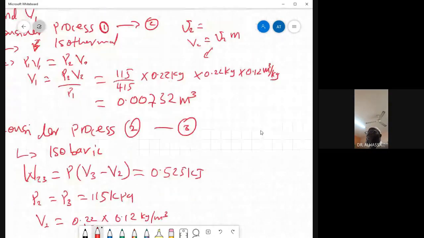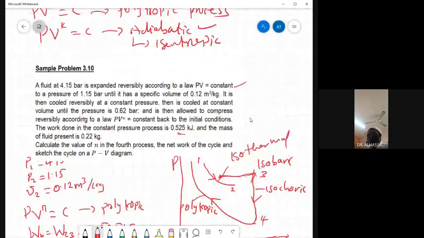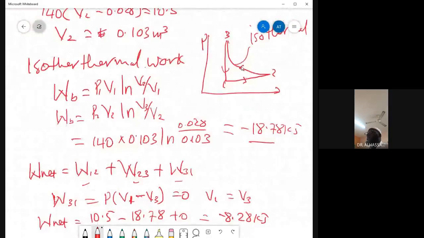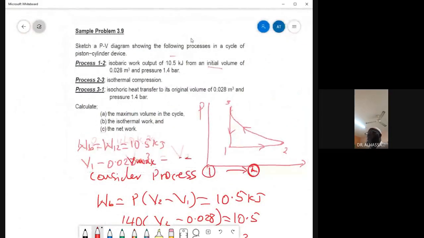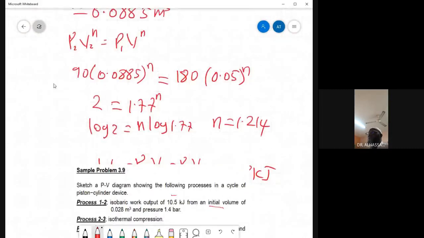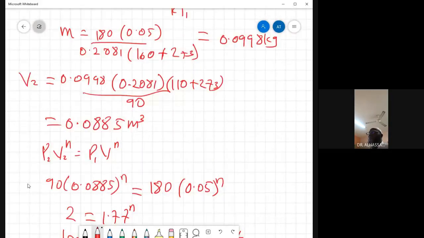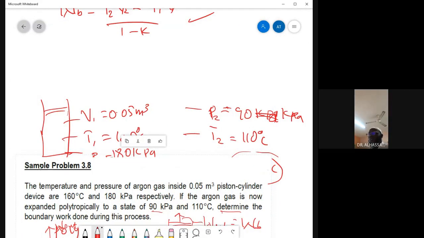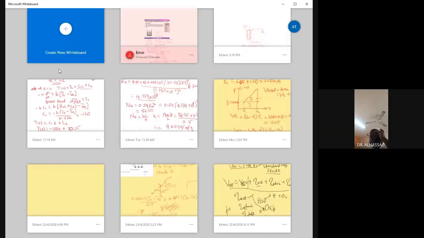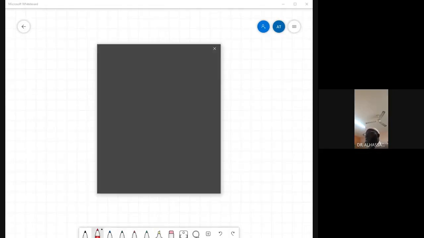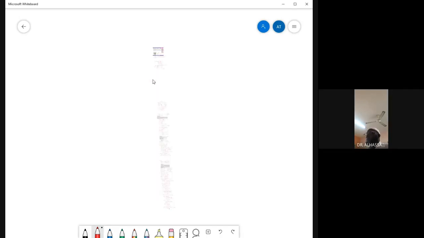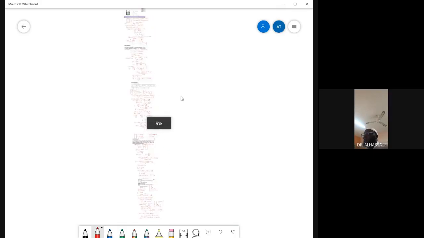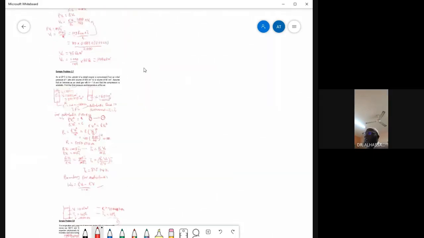Sample problem 3.6, this is 3.8. Yes, I've seen it.